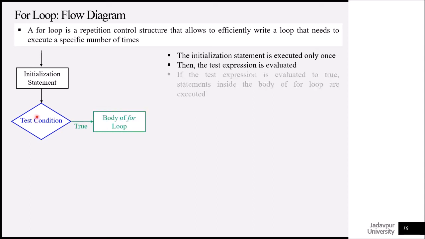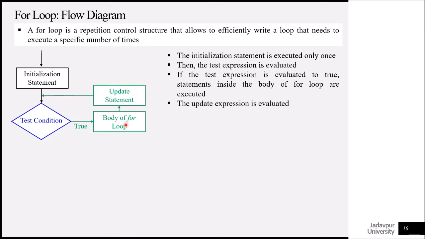If the test condition is evaluated to true, then the statements inside the body of the for loop are executed. Once all the statements are executed, we have an update statement where the update expression is evaluated, and it goes back to the test condition again to be evaluated again.